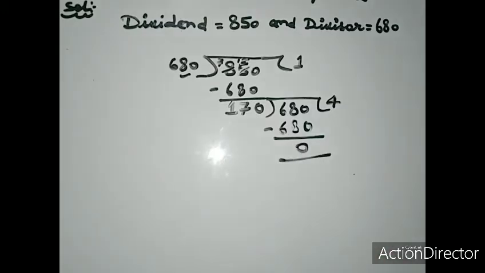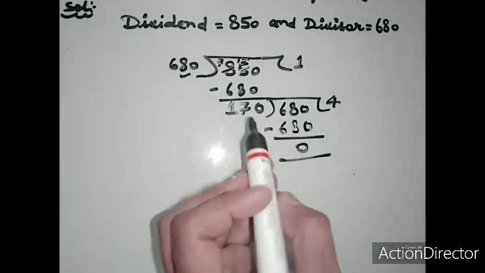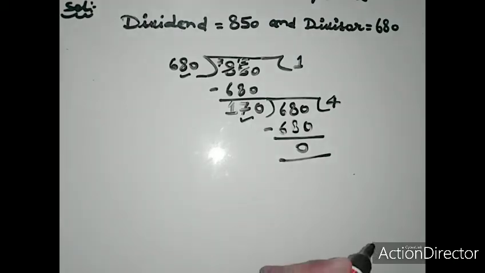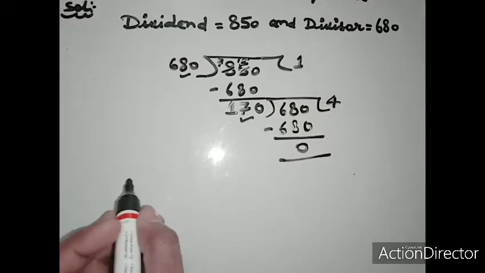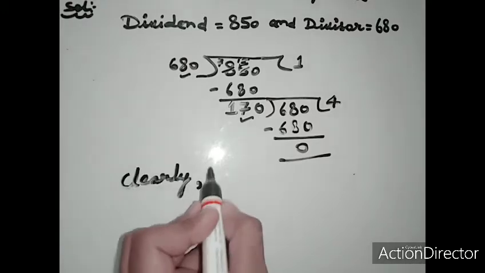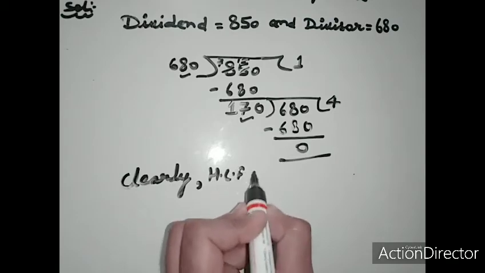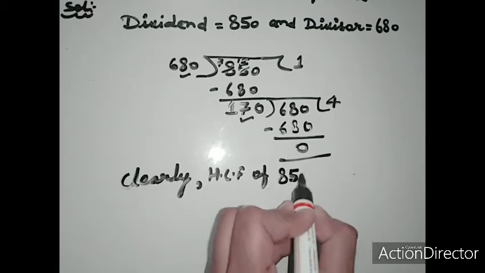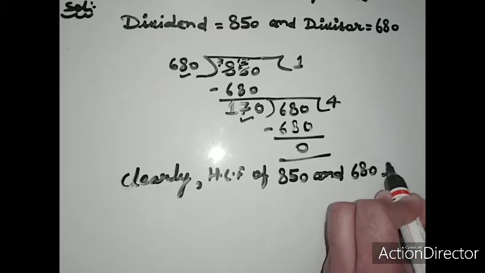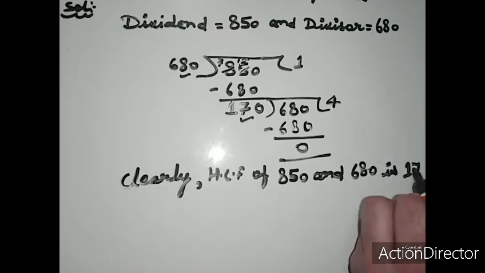Now here we get 0 as a remainder. So you all know that the last divisor is the SCF of the given numbers when we get 0 as a remainder. So here we write clearly, SCF of 850 and 680 is 170.